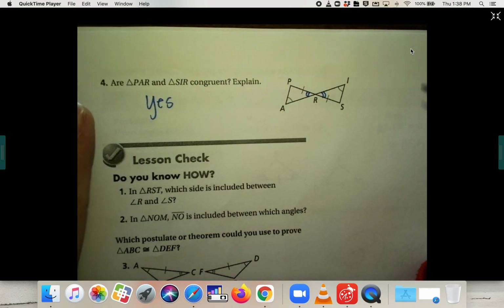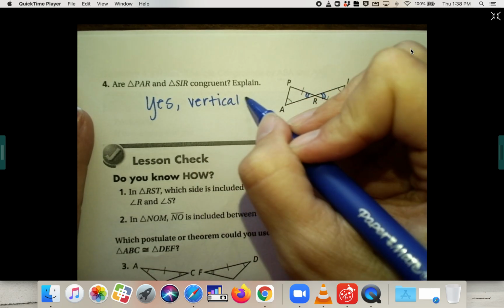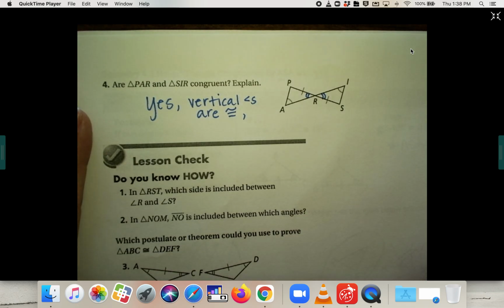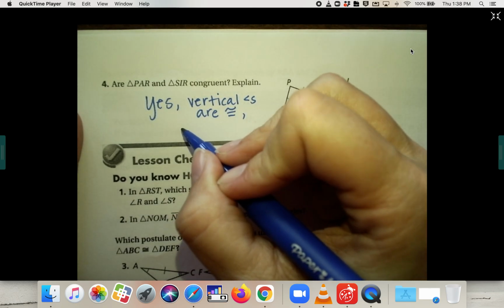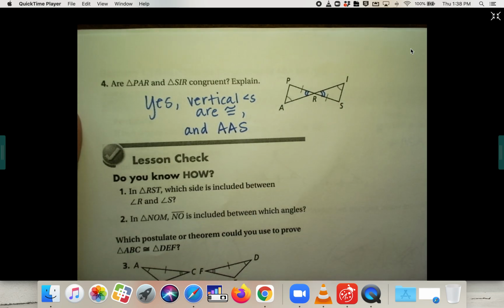And the reason is because we've done two things. We talked about vertical angles are congruent. And then after we mark up that vertical angles are congruent, we have proven it by angle, angle, side postulate. So I'm going to put angle, angle, side.